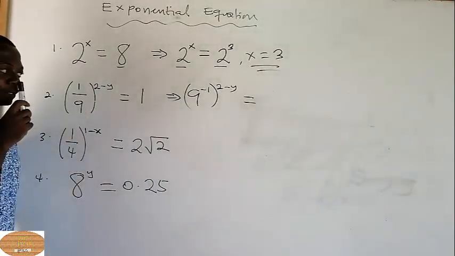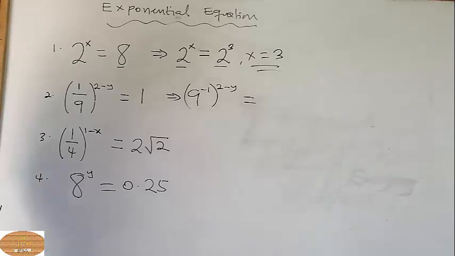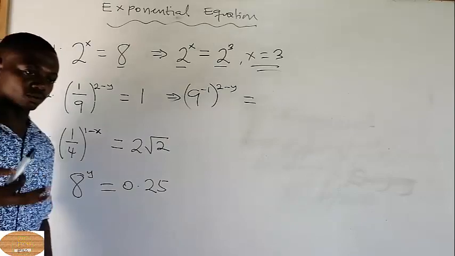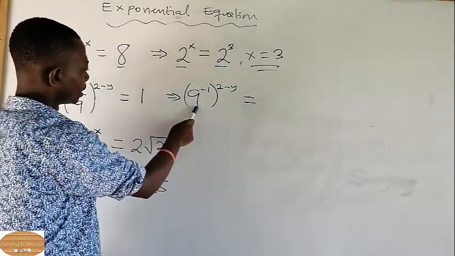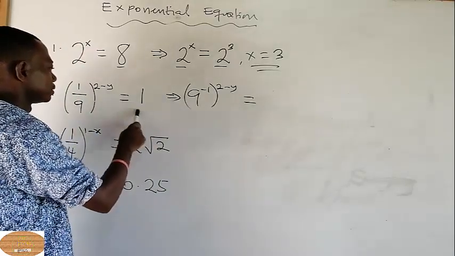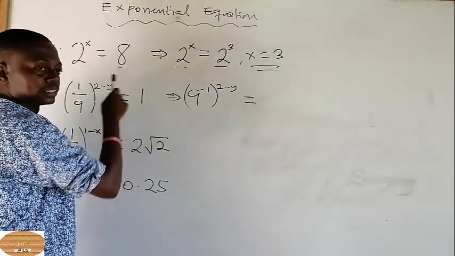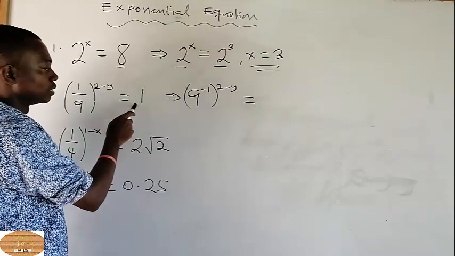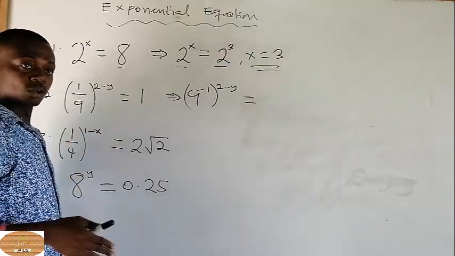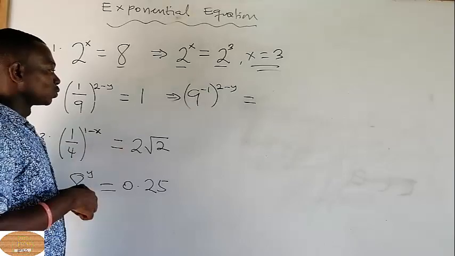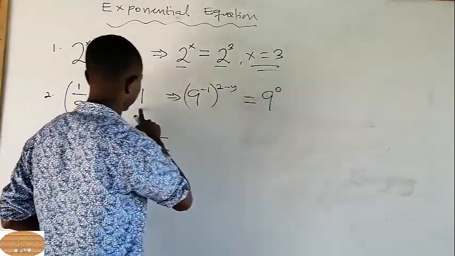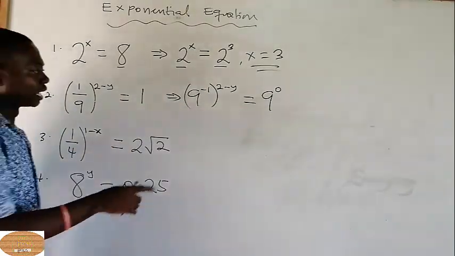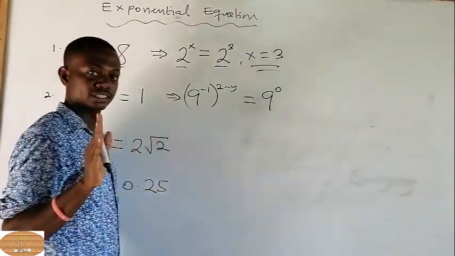this one. We also learned from the first lesson that any non-zero number to the power 0 is 1. So now that we have 9 here, why don't we write this 1 as 9 to the power 0, because any non-zero number to the power 0 is 1. I'm using 9 because I want to get equal bases.